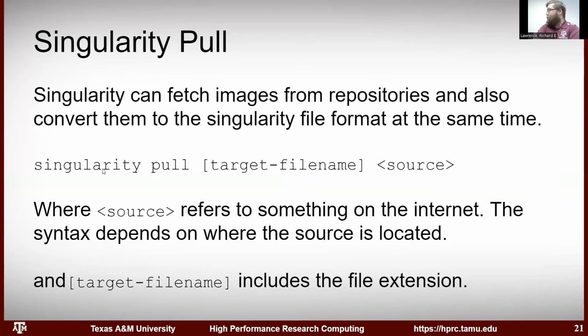So the syntax looks like singularity pull, target file name including the extension. For example, we might use the .sif extension to let Singularity know, please convert this to a Singularity image file. And then source refers to the location on the internet where the image can be found. And that is related to what we saw on the Docker Hub tags page.